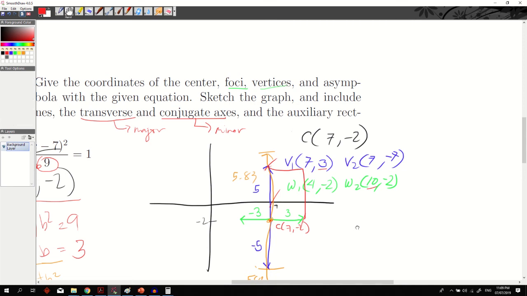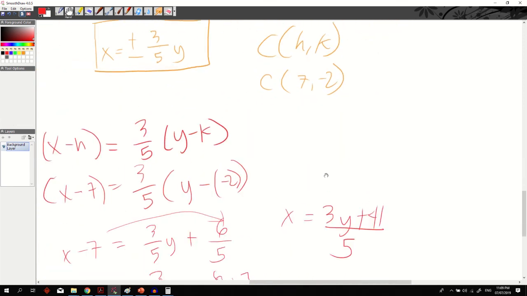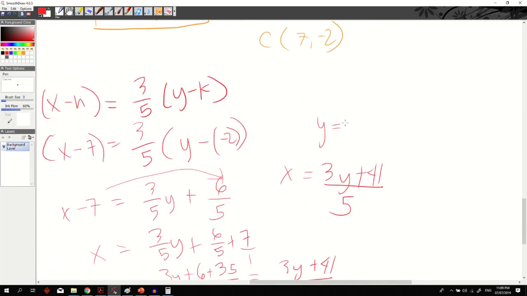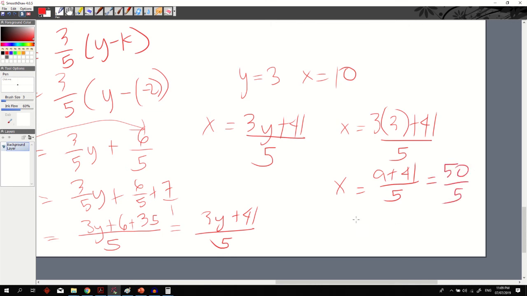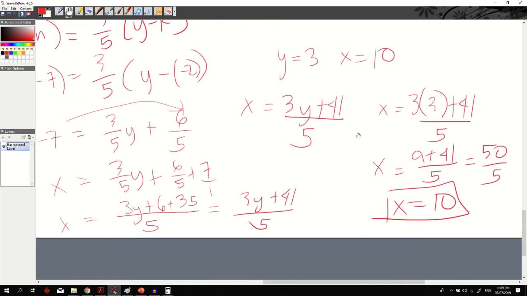So if y equals 3, then x should be equal to 10. Let's try that one. So x equals 3 times 3 plus 41 over 5. So x equals 9 plus 41 over 5. 9 plus 41 is 50 over 5. Then x equals 10. Wow, so we got the correct answer.